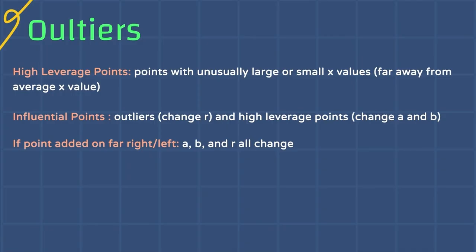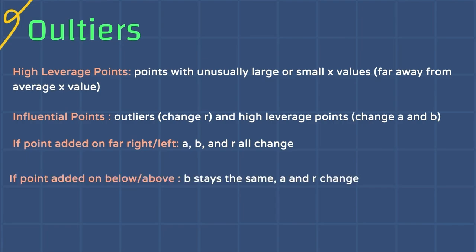If we added a point really far on the right or left, a, b, and r all change. If a point is added below or above, b stays the same, while a and r change.